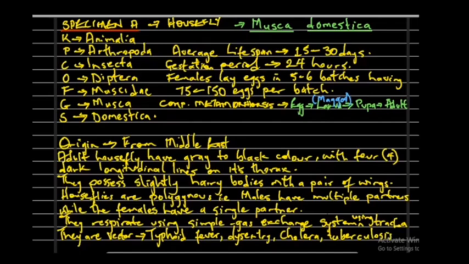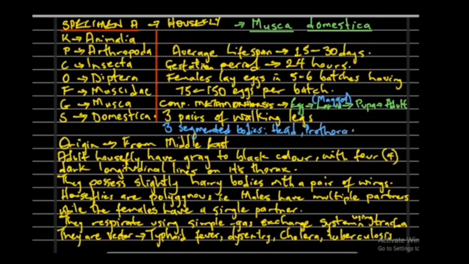If we look at their body, they have 3 pairs of working legs and 3 body parts: the head, prothorax, and the abdomen.